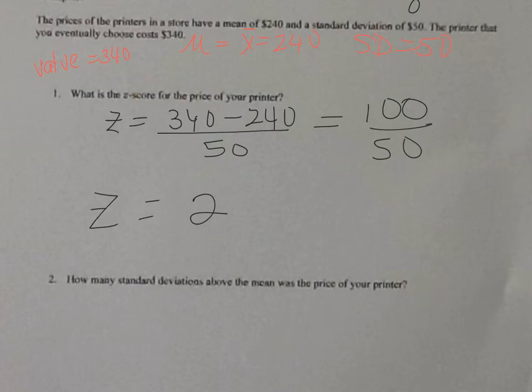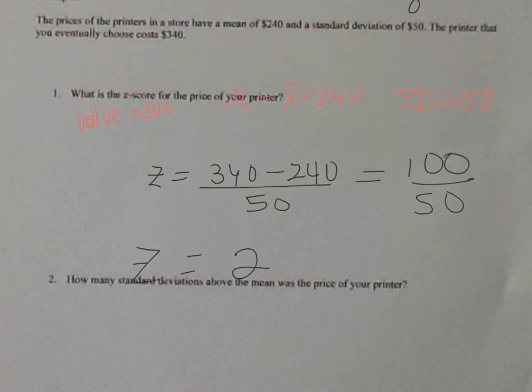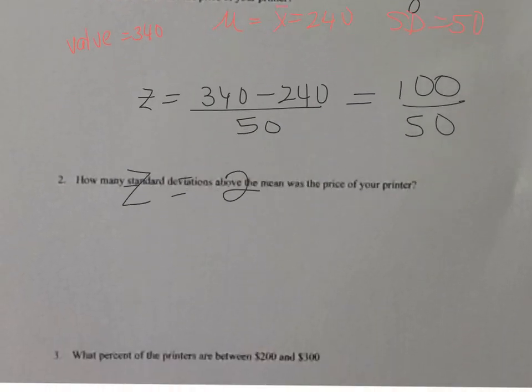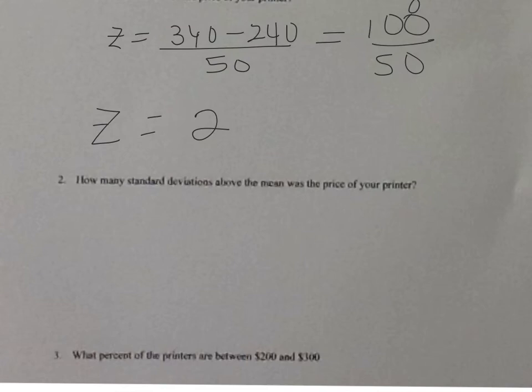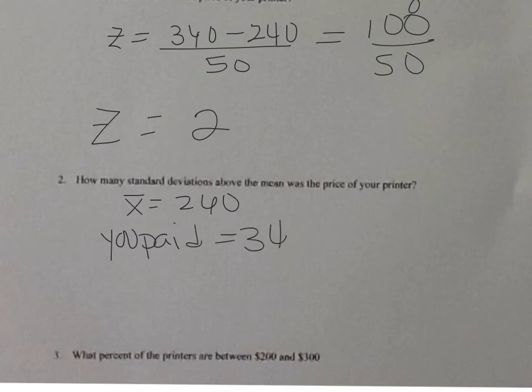All right, let's take a look at 2. Just going to move everything up a little bit. Okay, so it says, how many standard deviations above the mean was the price of your printer? I just told you. So we have the mean, which is 240. You paid 340. The standard deviation is 50.